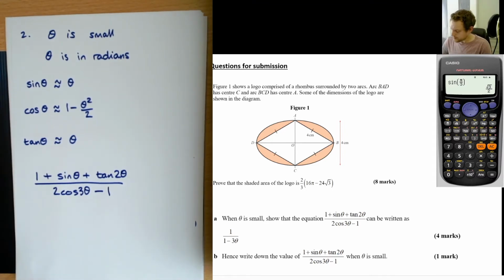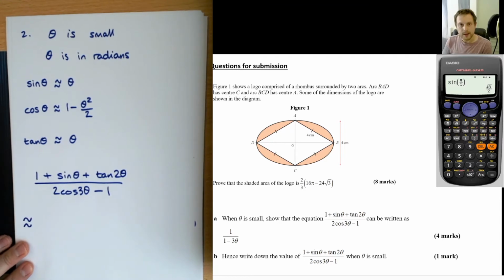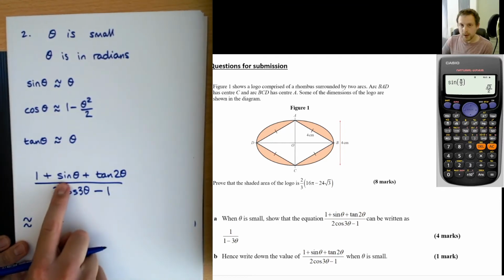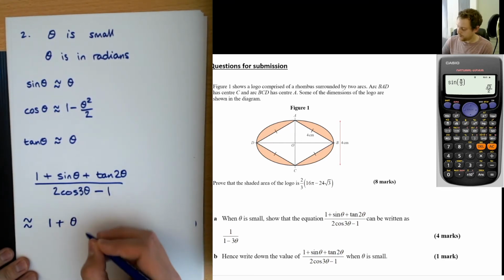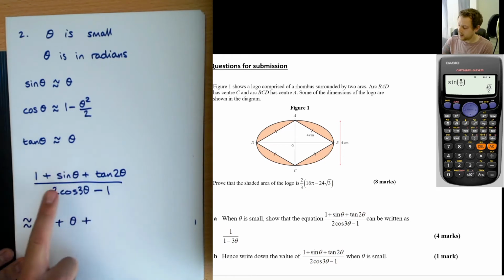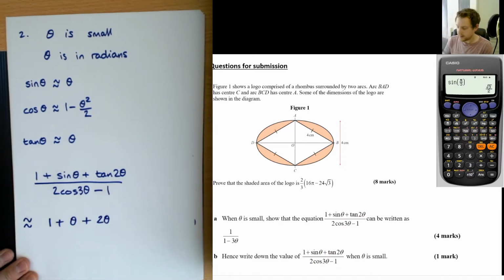Okay, so all I'm going to do is write a wiggly equal sign. This is approximately equal to 1 plus, now sine theta is approximately equal to theta. Tan theta is approximately equal to theta. So tan 2 theta is approximately equal to 2 theta. Now let me give just a small indication of why that must be.